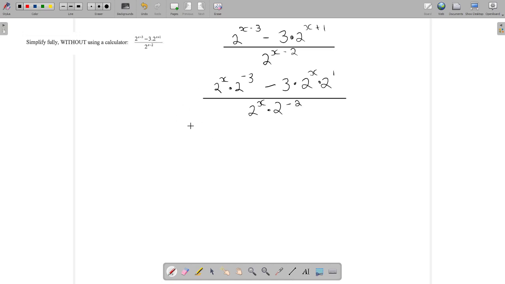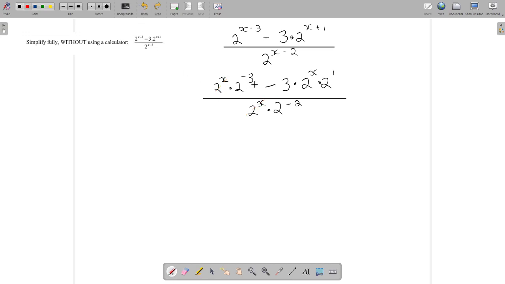Okay, now from here, can I simply cancel this by that? No, I don't think so, because I've got this minus sign making it two separate terms at the top.